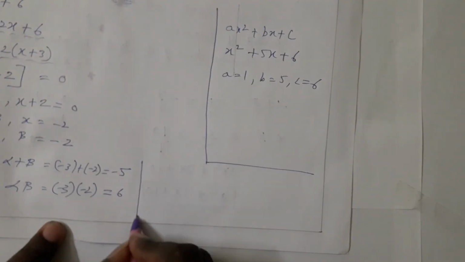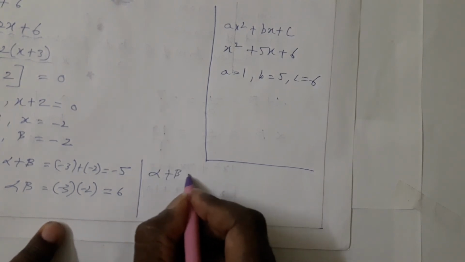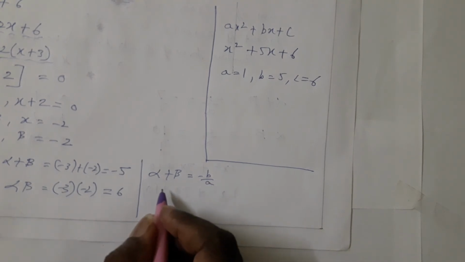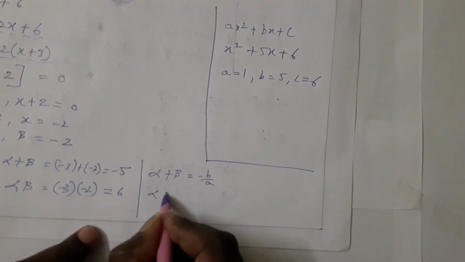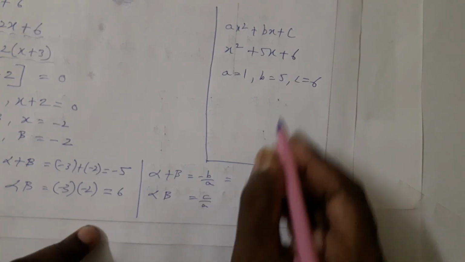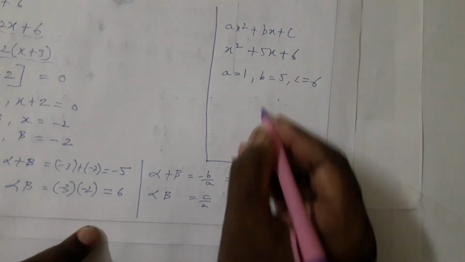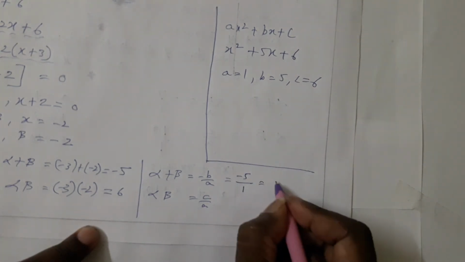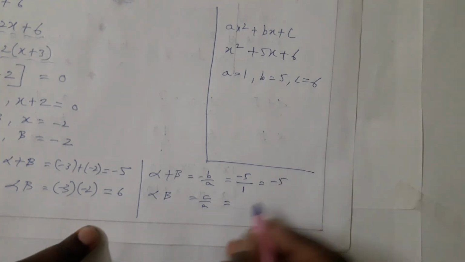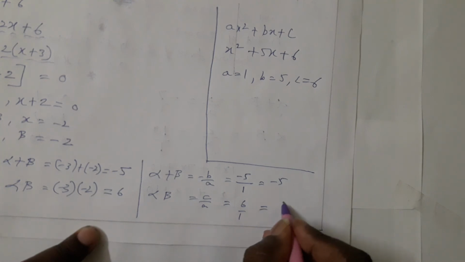So we can relate this. Alpha plus beta is equal to minus b by a, and alpha beta is equal to c by a. b is 5, minus 5, a is 1, that is equal to minus 5. c by a, c is 6 divided by a is 1, that is 6.